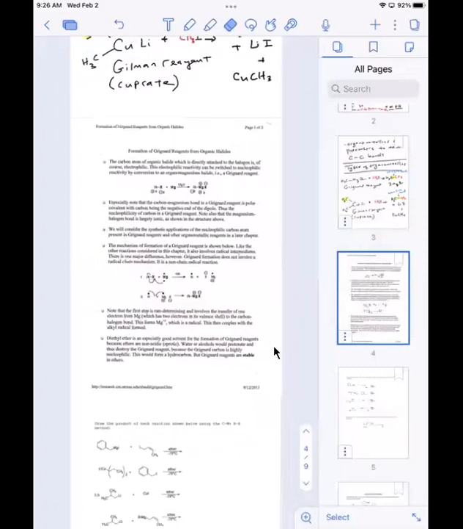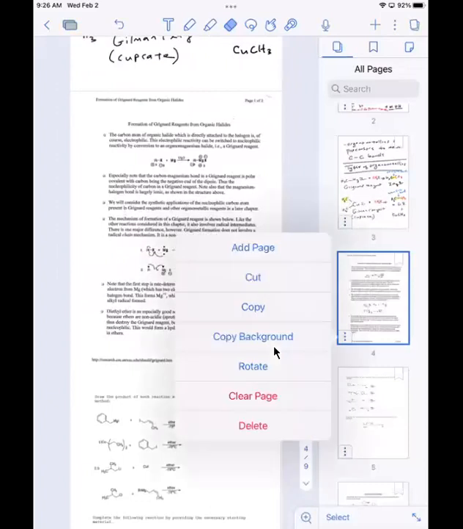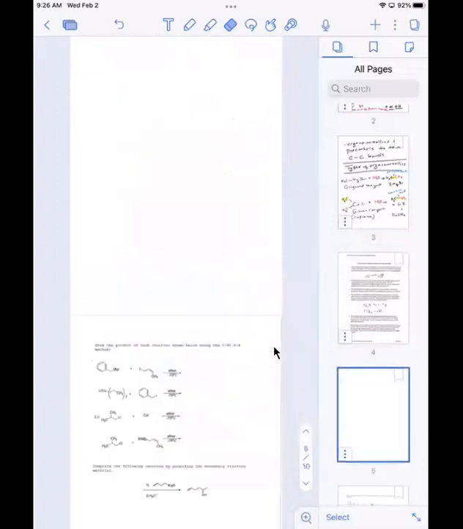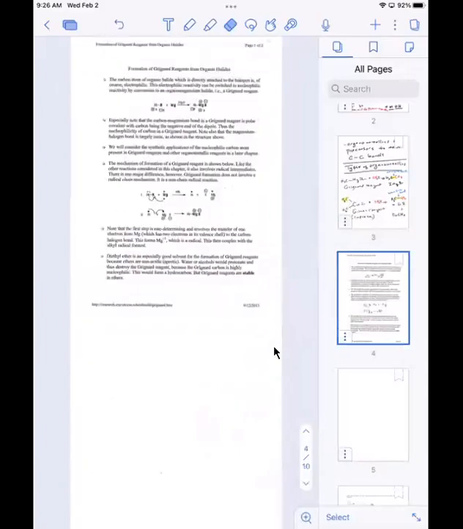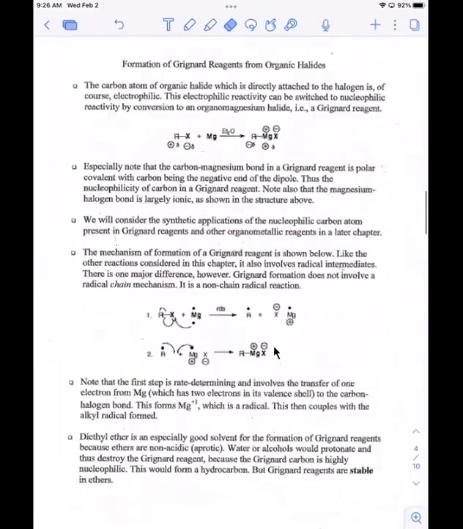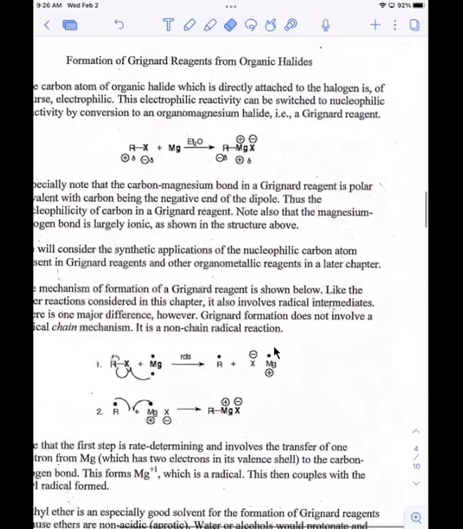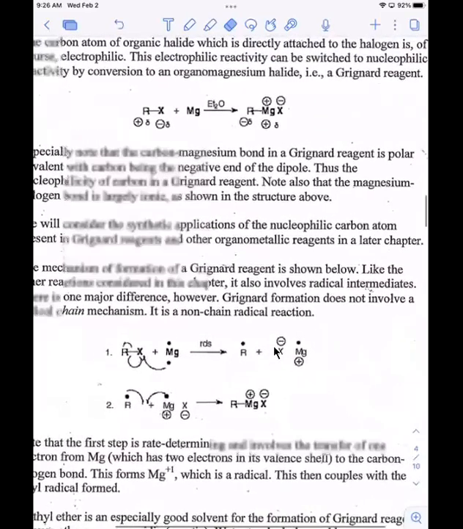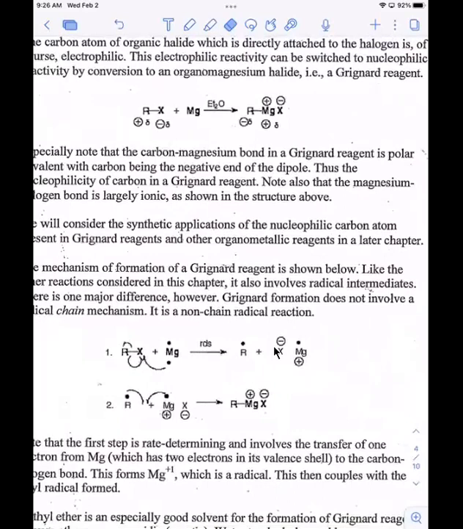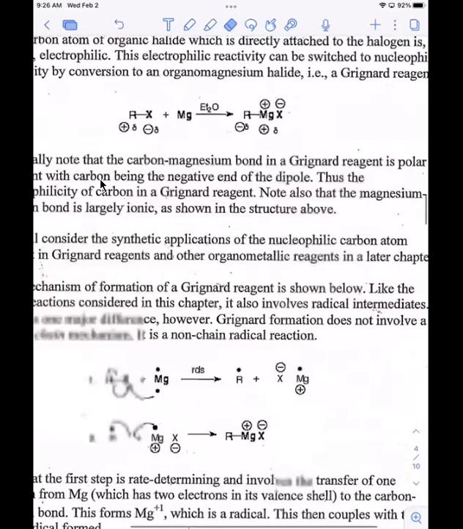I actually don't want to use that. Let me just put another page in. All right. So with the Grignard, we're going to talk about how to make those, and we'll go through the mechanism of how to make it. So with the Grignard reagent, let me put this handout in the chat again, for those who came in a little bit after I uploaded it.